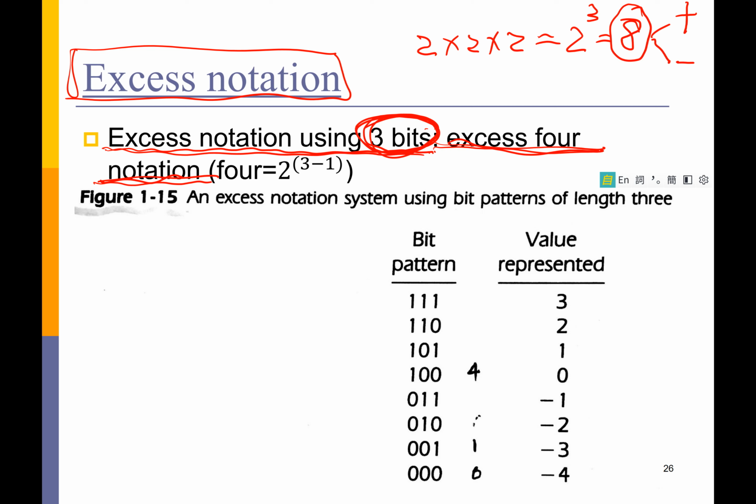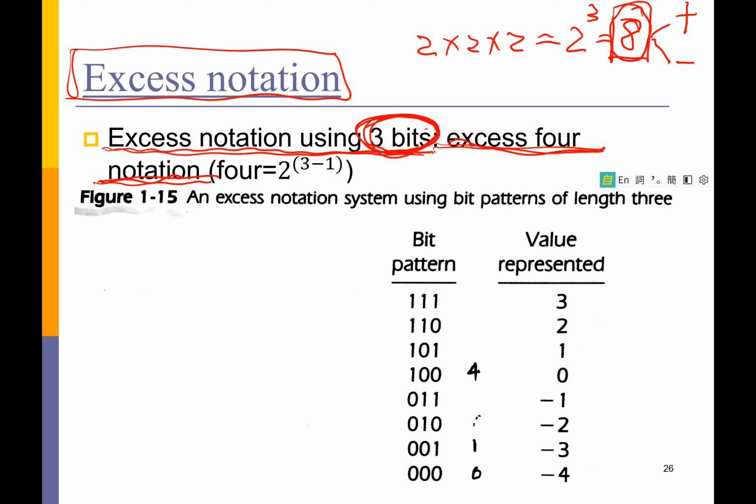You should have a system that can represent negative numbers and positive numbers. So a reasonable way to divide these 8 combinations is what? Half of these 8 is used to represent negative numbers. Or you may say it the other way, half of these 8, which is 4, to represent positive numbers.